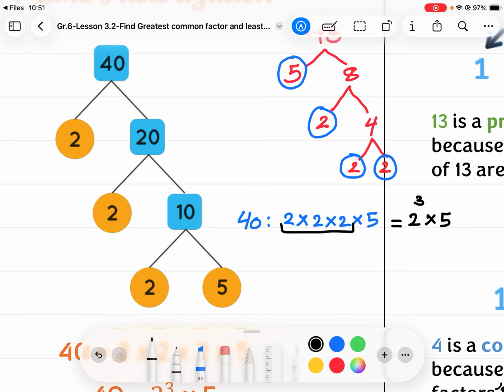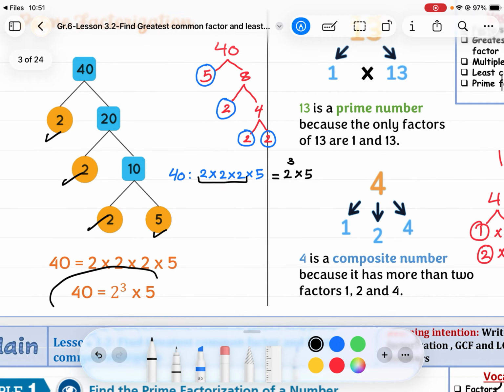Okay, guys? So look here. He ended up with, as you can see, same as us. 1 2, 2 2s, 3 2s, and 1 5. So that's the prime factorization. We ended up with the same answer. Okay? So it doesn't matter any 2 factors that you guys choose as long as they give you 40 when you multiply them.